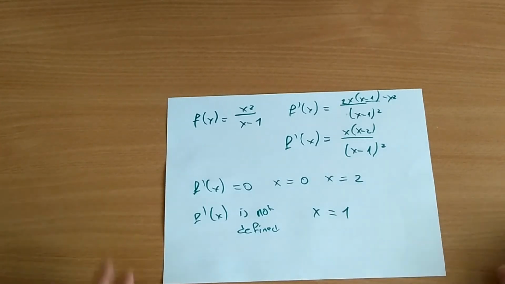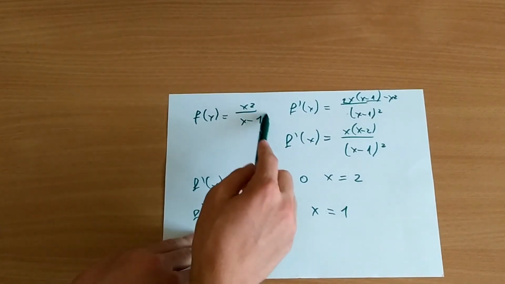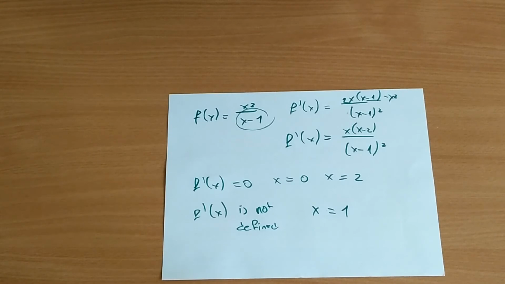Now be careful. We cannot say that x equals 1 is a critical point. Now why? Well, if you notice here, neither the function nor the derivative is defined at x equals 1.